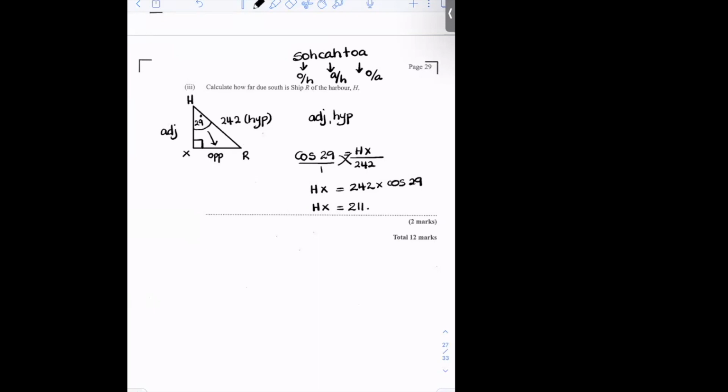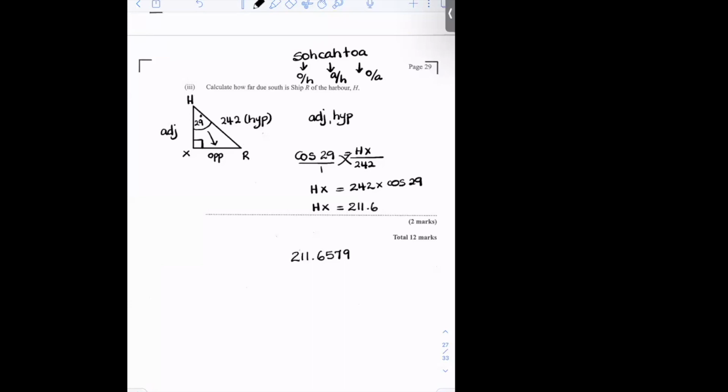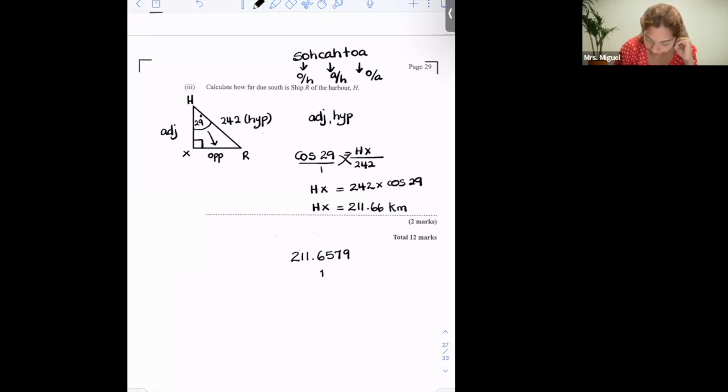Miss, 211.65. Well, the next number is 7. This is the number in the calculator. Write this number to 2 decimal places for me. 211.66 kilometers. This is my first decimal place. This is my second. This is my cutoff. This number is greater than 5, so I add 1 here.